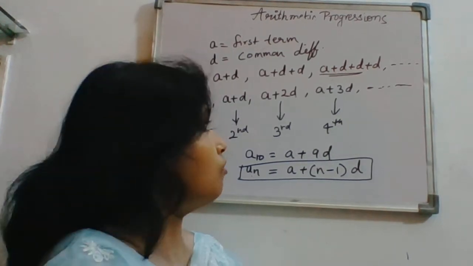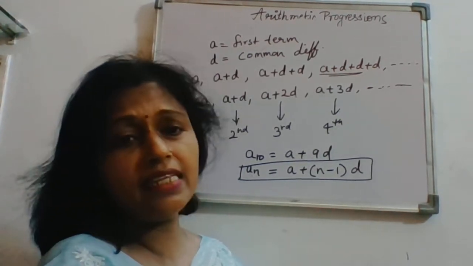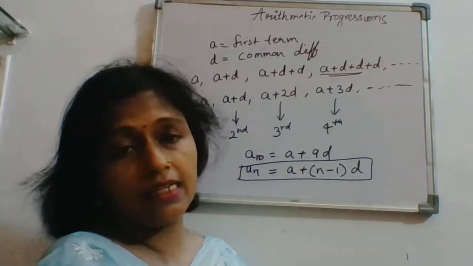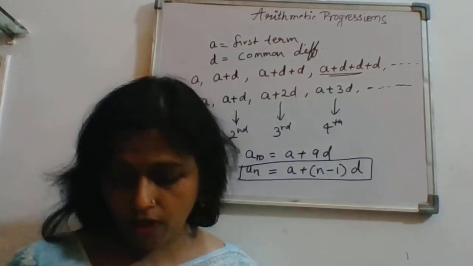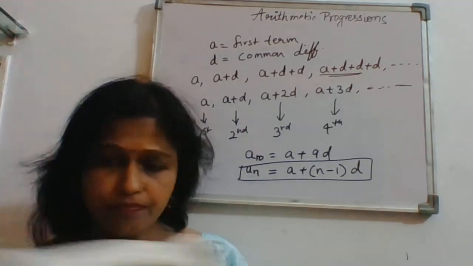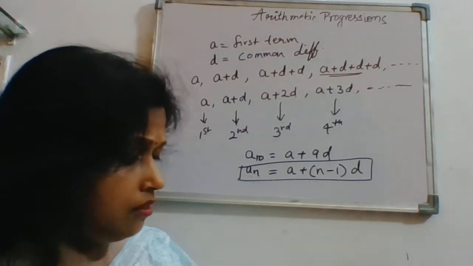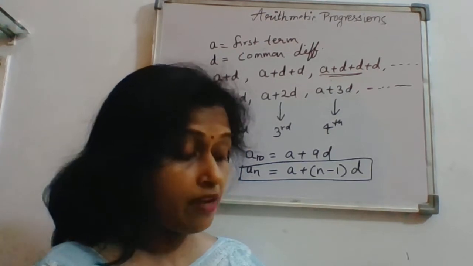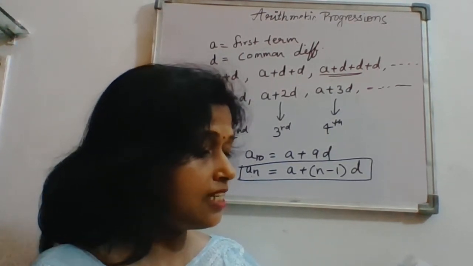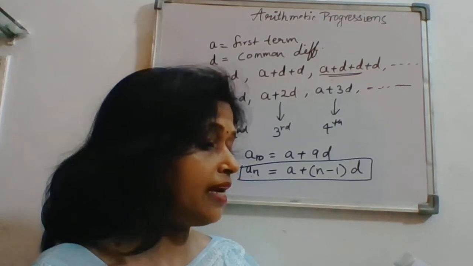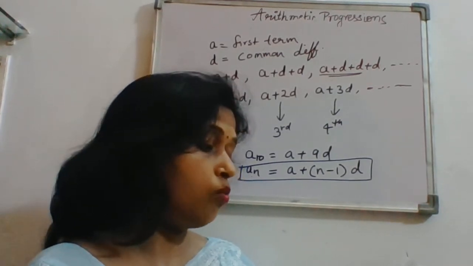Okay, so now we can proceed to the next exercise, that is exercise 5.1 of your NCERT book. In which of the following situations does the list of numbers involved make an arithmetic progression, and why?